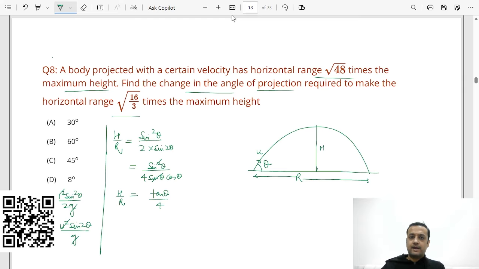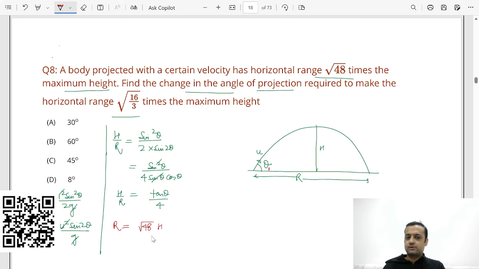Now, as per the given data, in the first case the range is root 48 times the maximum height. That means r is equal to root 48 h, for the first situation. Let's say in the first situation the angle of projection was theta 1.